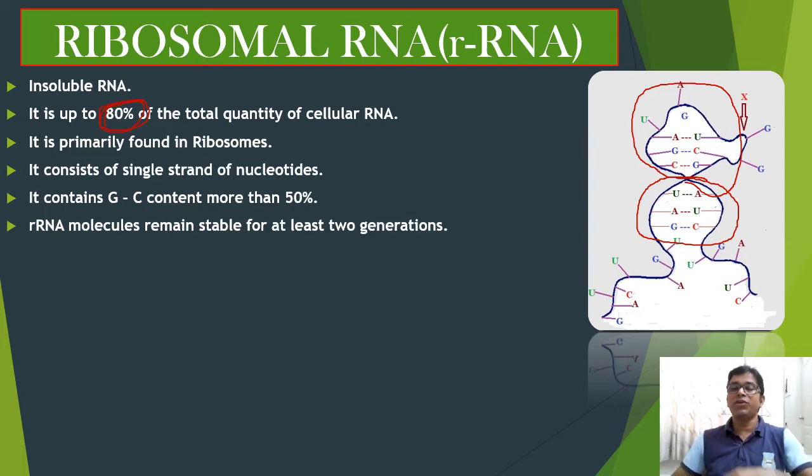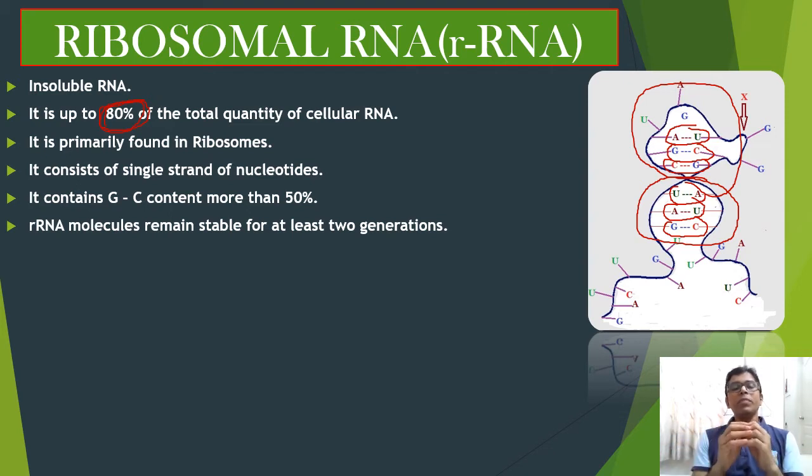Here you can see adenine pairs with uracil, guanine pairs with cytosine, and vice versa: cytosine pairs with guanine, uracil pairs with adenine. In this way, nitrogen bases show complementary base pairing in the region of pseudo helices.